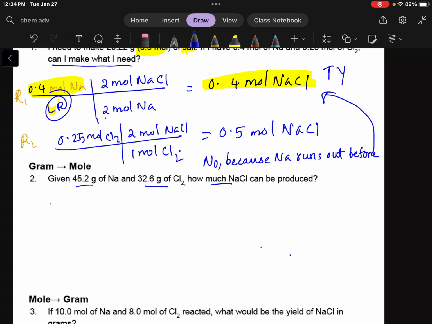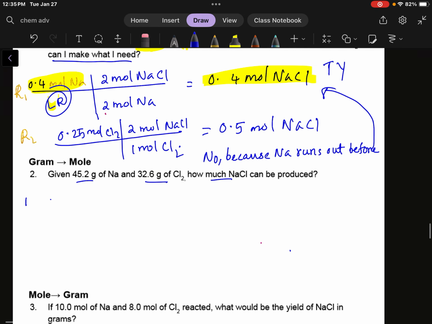If it says how much and doesn't specify anything, I will always find the value in gram, because how much is in gram. Or you can stop at moles, since the question doesn't specify gram. Okay, let's see both ways.